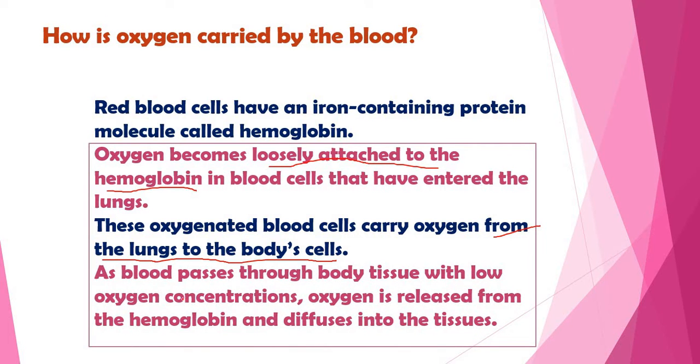Then, this oxygen is transferred, or you can say diffused, to the tissues which have low oxygen content. In other words, oxygen is released from hemoglobin and diffused to the tissues with poor oxygen content.